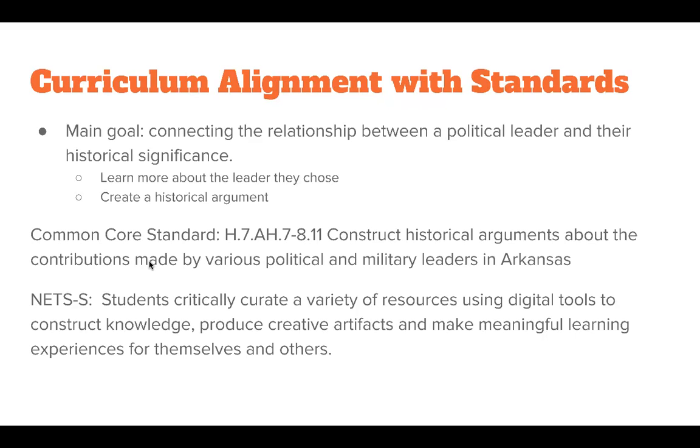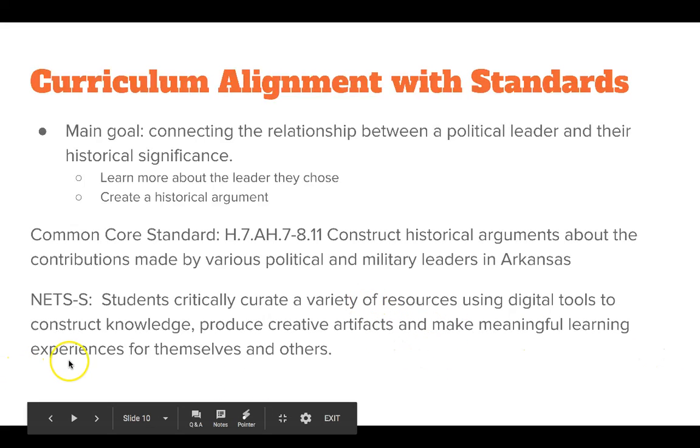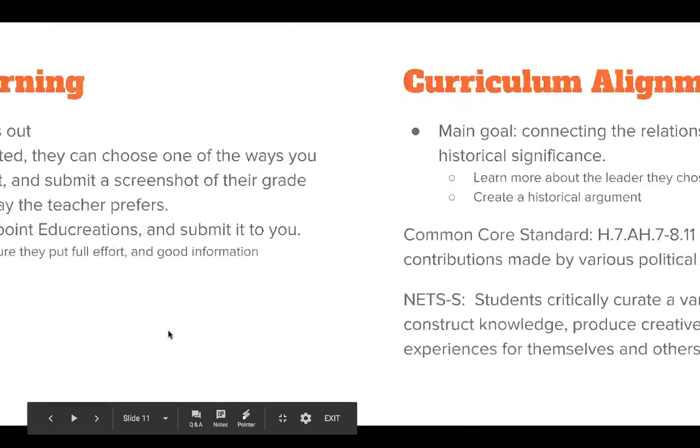And the NET standard it aligns with is students critically curate a variety of resources using digital tools to construct knowledge, produce creative artifacts, and make meaningful learning experiences for themselves and others. That incorporates sharing their things on Quizlet, finding artifacts, and making meaningful learning experiences with others. That's getting other ideas from everybody else and constructing knowledge. They're constructing their own Quizlet.